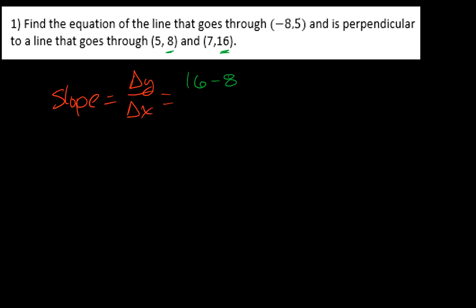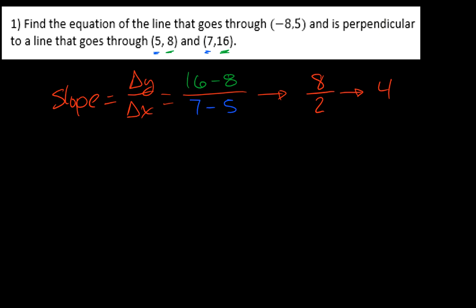That will give me the change in my y values. I'm going to divide that by the change in my x values: I'll take 7 and subtract 5. In my numerator, 16 minus 8 is 8, and in my denominator, 7 minus 5 is 2. So I end up with a slope of 4.